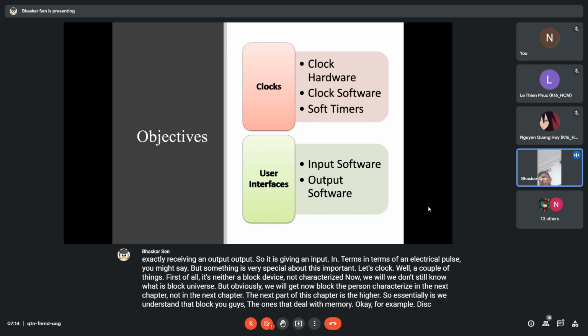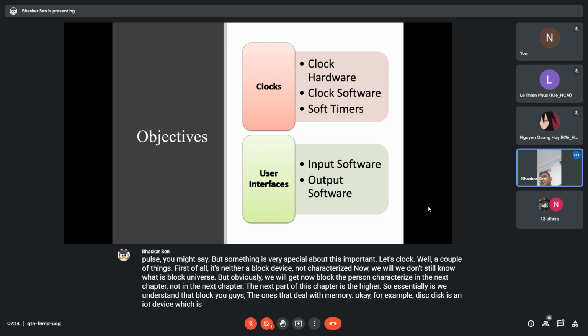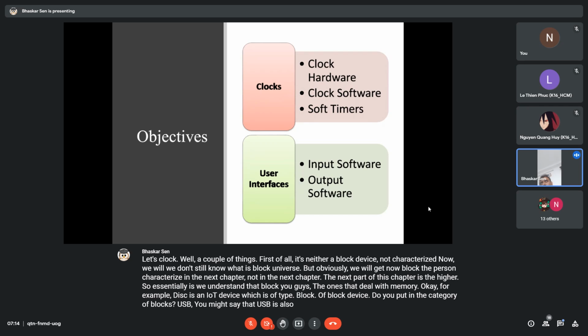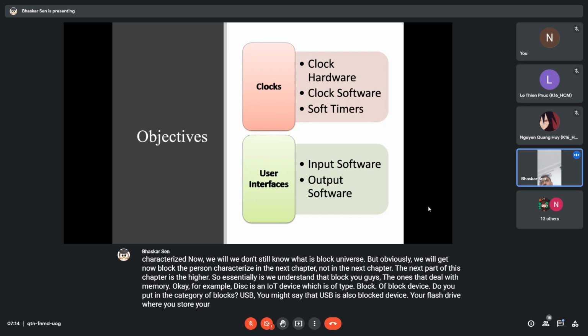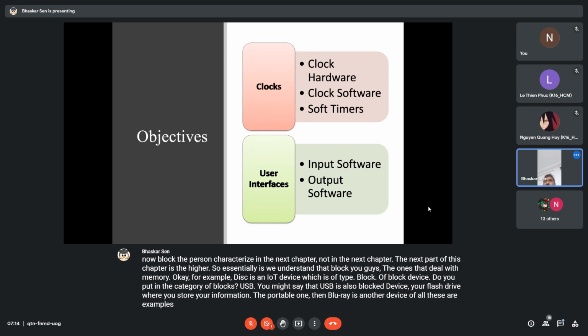Disk is an I/O device of type block, which we put in the category of block device. USB, you might say, is also a block device, your flash drive, where you store your portable information. Then Blu-ray is another device. All these are examples of I/O devices. Now, the sort of I/O devices that fall in the category of disk.